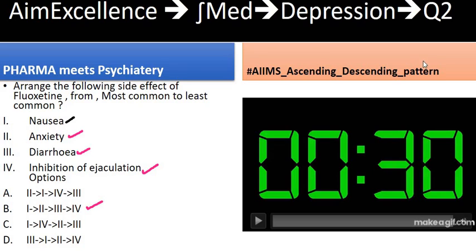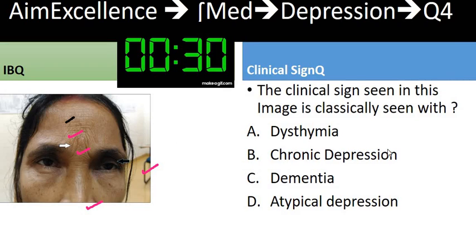This kind of question can come up like an AIIMS ascending and descending pattern question. Now going to the next question, and this is an image based question, and here two important signs are there. One, you can see out here, this is the omega sign, and on the left hand side there is a triangular fold in the upper lateral part of the eyelid.